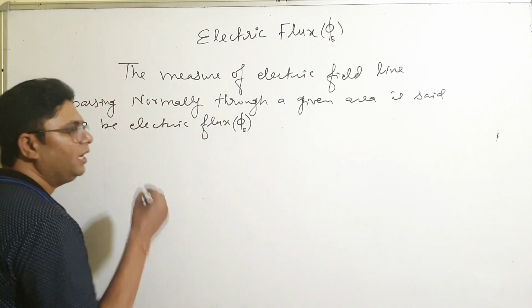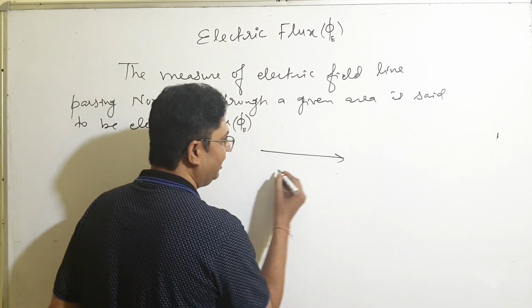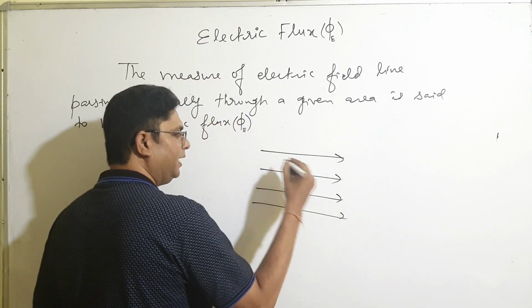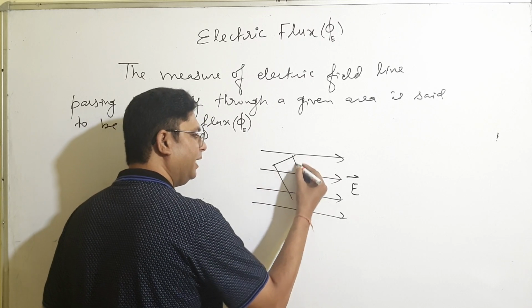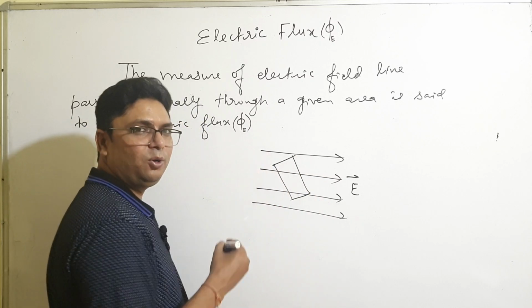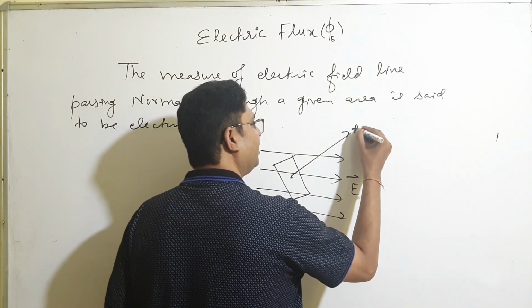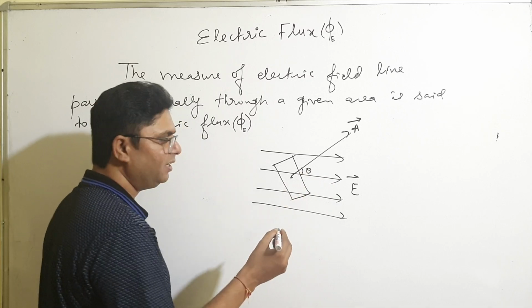Now to understand electric flux, let us take here electric field lines. These are electric field lines. And let us place an area. This is the area placed here inclined to electric field lines. So this is the area vector A. This is the angle theta between electric field and area vector.